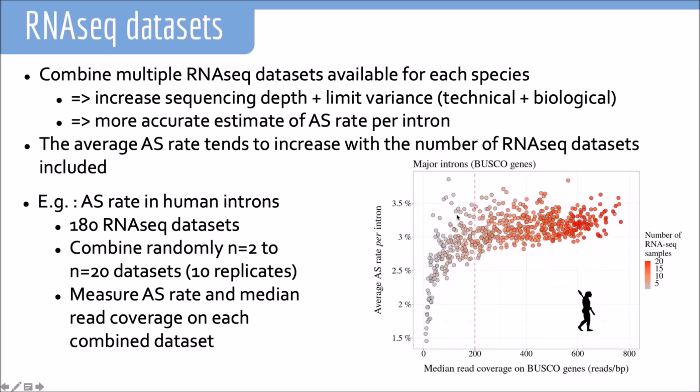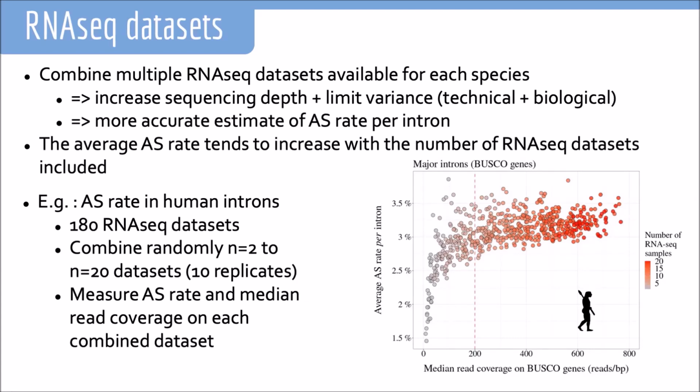And as you can see, when we sample a small number of RNA-seq data sets, so we have a limited coverage, we get a lower estimate of AS rates. And the more data sets we compile, the more the estimate of AS rates converges and reaches a plateau.